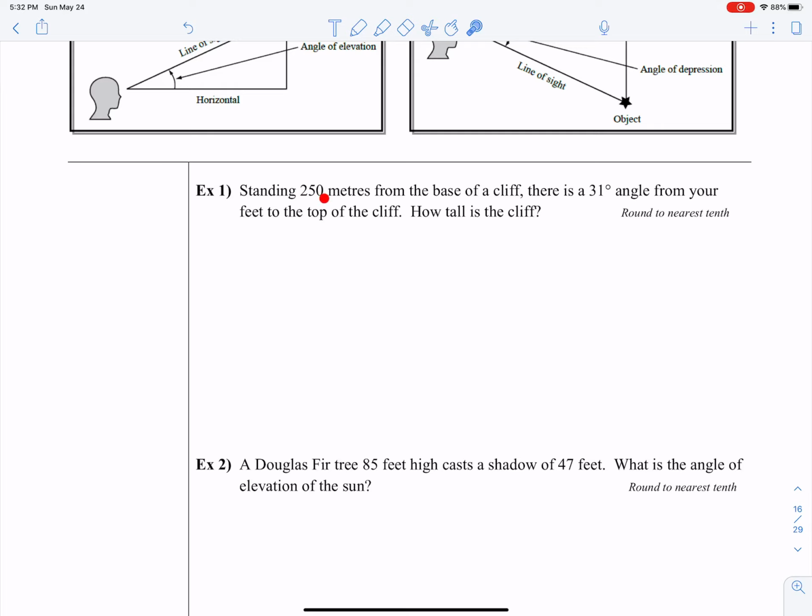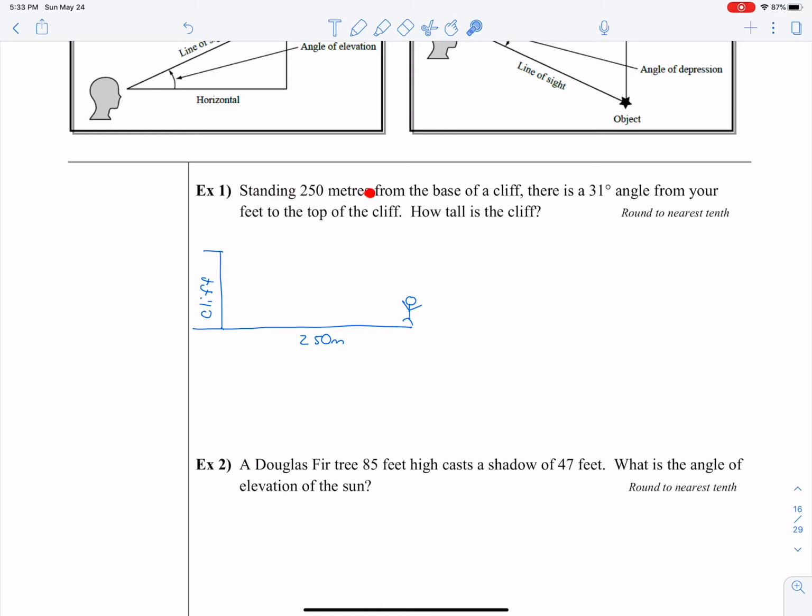Standing 250 meters from the base of a cliff. So let's see. We have a cliff. Let's draw a cliff. Okay, there's a cliff, and we are standing 250 meters from the base of that cliff. So here's the ground, and here's us, and we are 250 meters away.